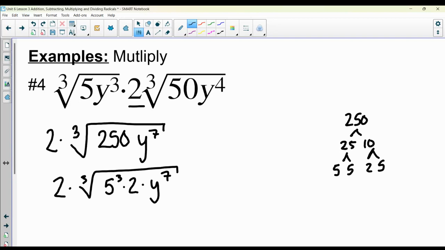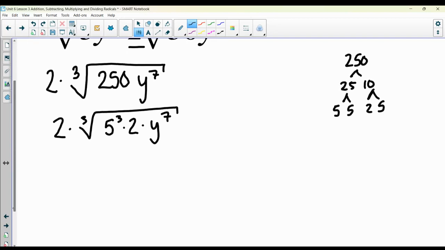I'm not going to rewrite this in fractional exponents. I just did that for number 3 so that you guys could see an alternative way to do this. So we have 5 to the third inside, so this would be 5 to the 3/3, which means 5 would come outside. We have a 2 to the first, which means the 2 would be inside. We have a y to the 7th, so that would be y to the 7/3.